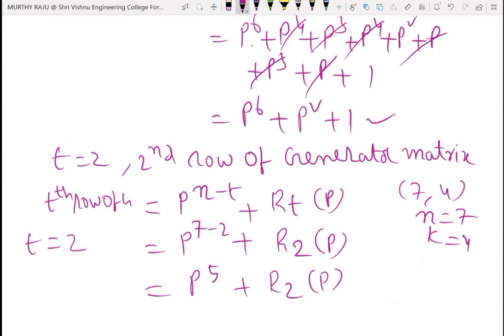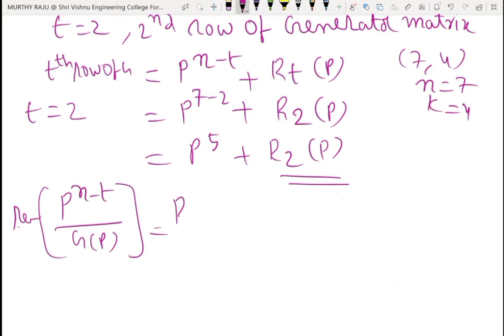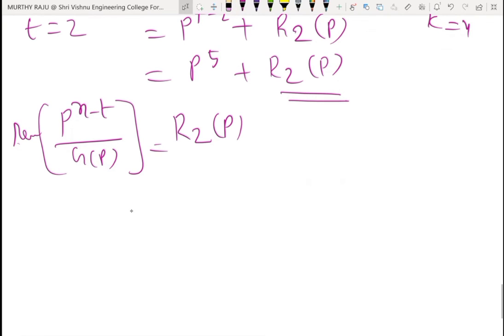How to determine R2 of P? You perform a division operation, P power n minus T divided by G of P. The remainder of this is R2 of P. Here n is equal to 7 and T is equal to 2, divided by G of P, which is P cube plus P plus 1.